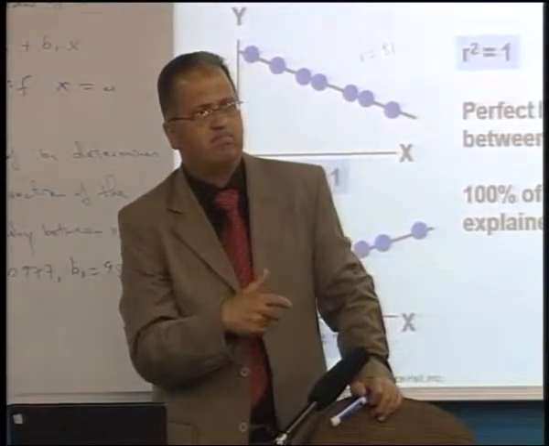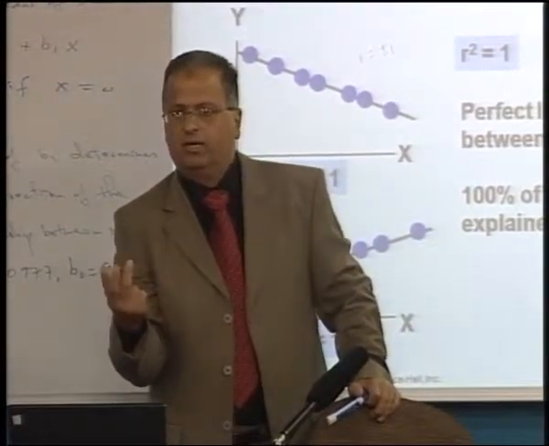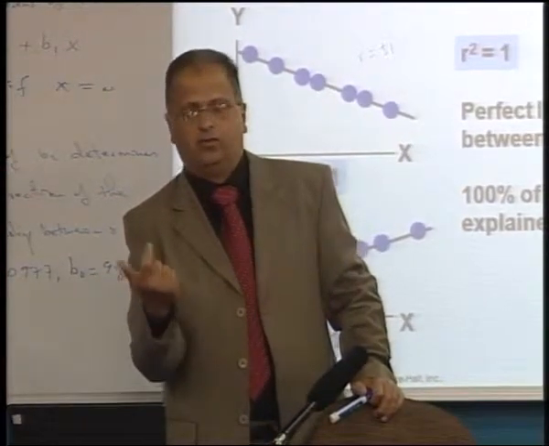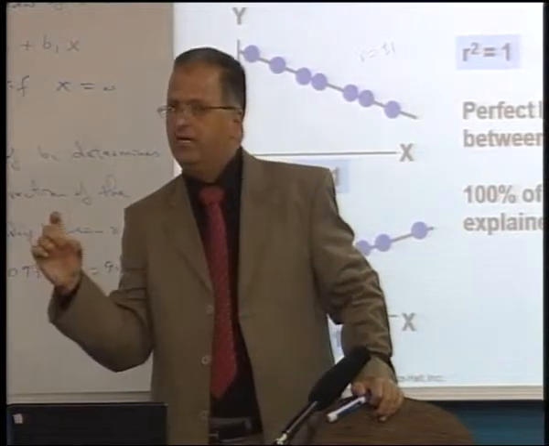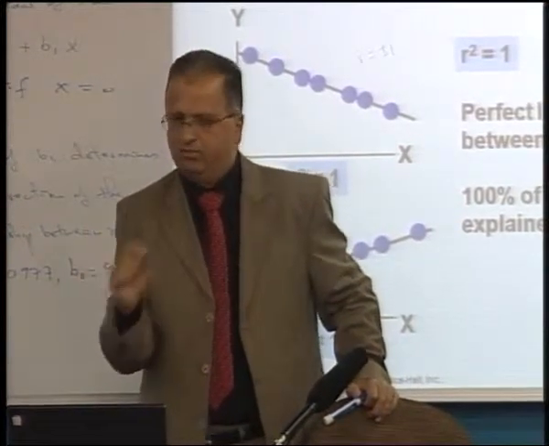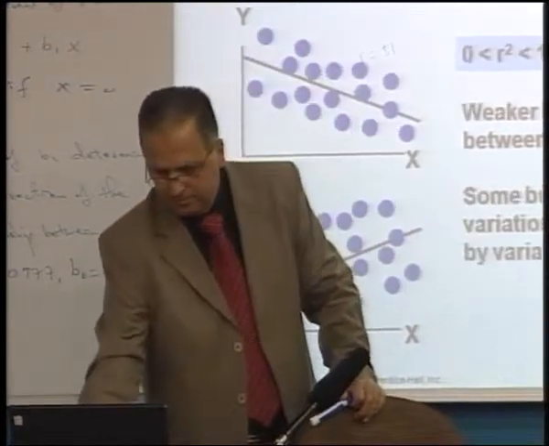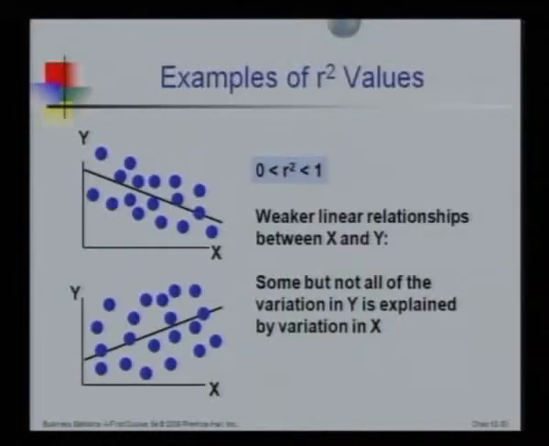Maybe there is a random error in the selection. Maybe the sample size is not large enough to determine the total variation in the dependent variable. So it makes sense that R square will be less than 100%. Generally speaking, R square is always between 0 and 1.